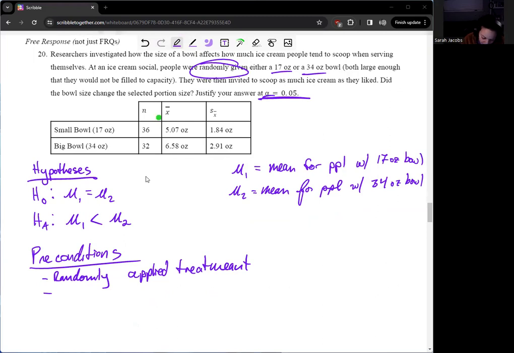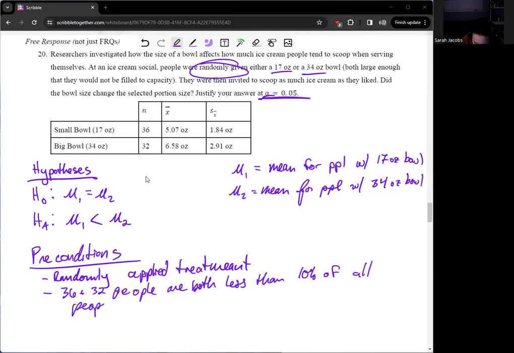Kind of any number of people you could interact with is less than 10% of the population, but we can definitely say that the 36 and the 32 people, don't abbreviate, people, are both less than 10% of all people who eat ice cream.